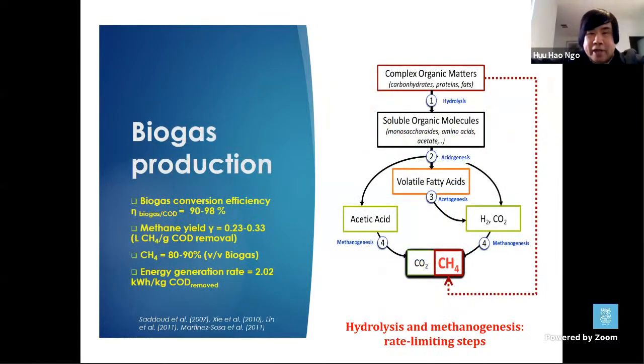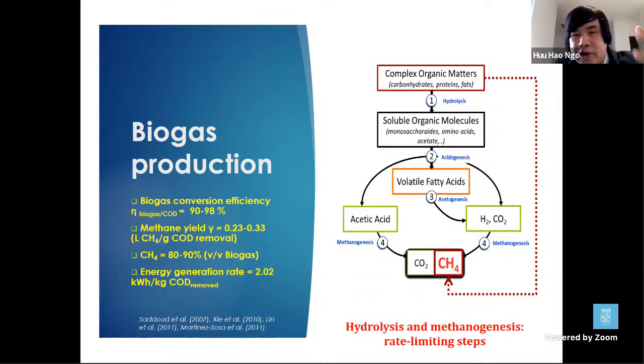This is the biogas production. You can see from the figure, it's very easy to understand. In the wastewater, normally complex organic matter is there.